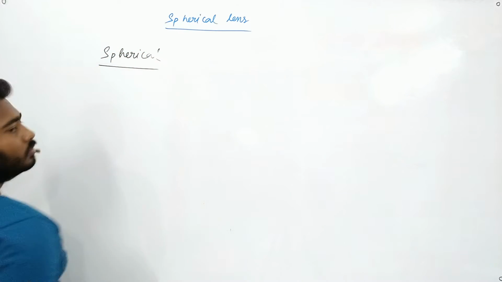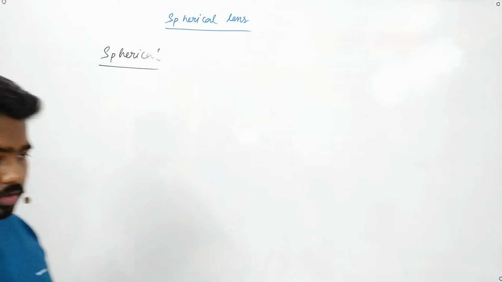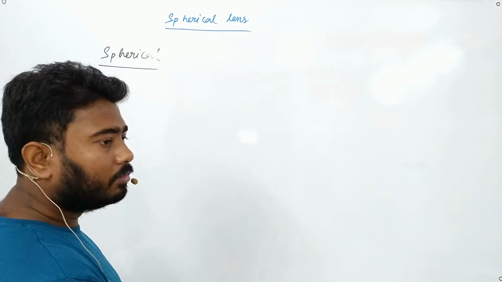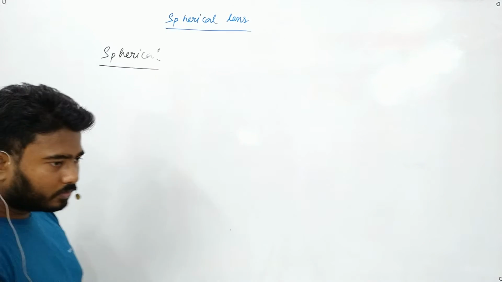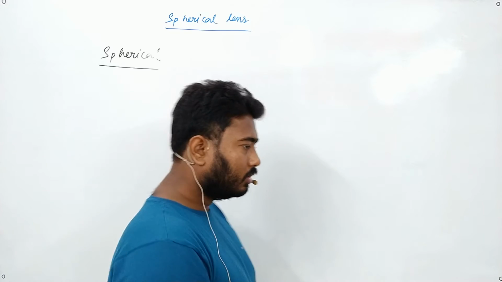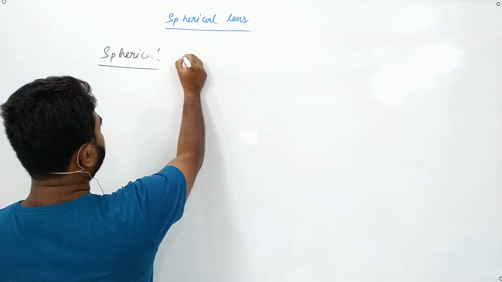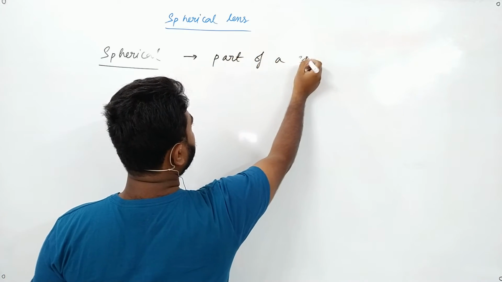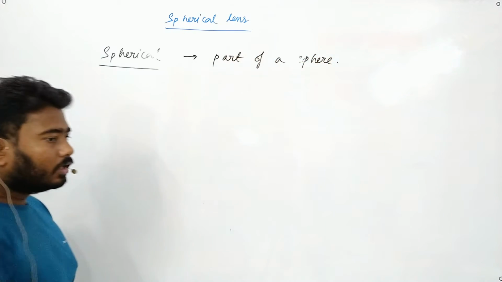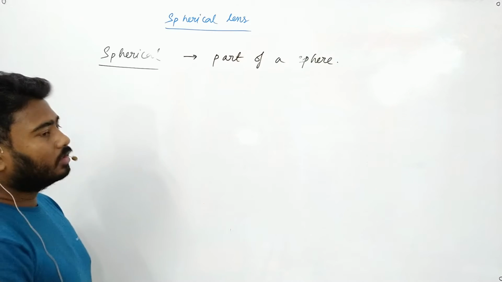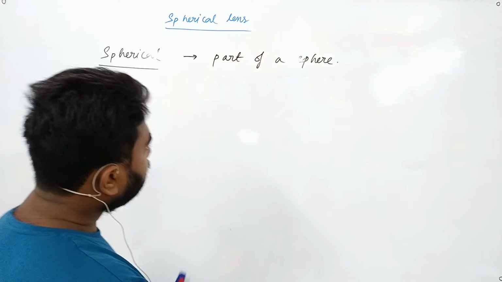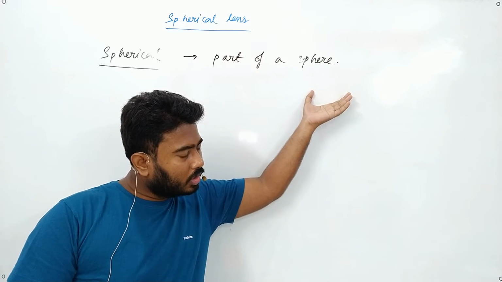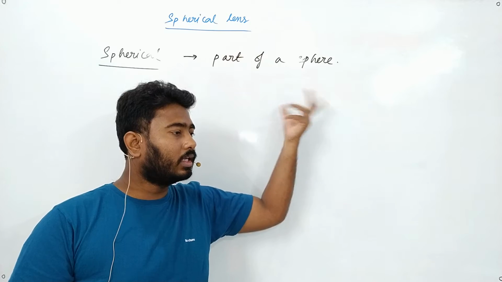Sir, is it part of a sphere? Yes, spherical means part of a sphere. Now, if any lens is part of a sphere, we will call that a spherical lens.